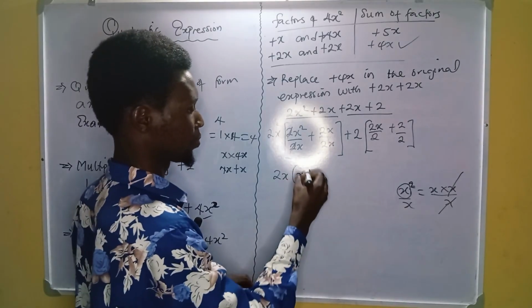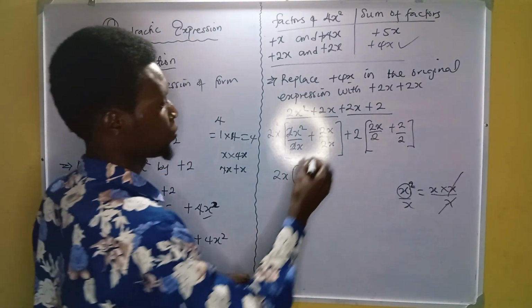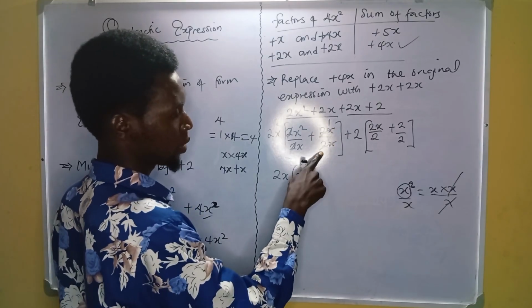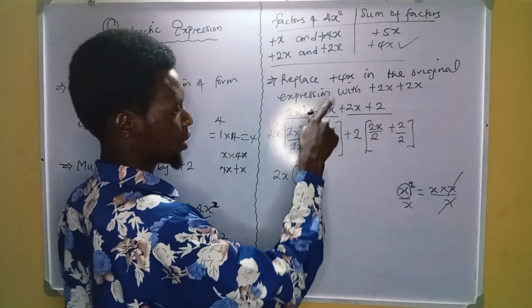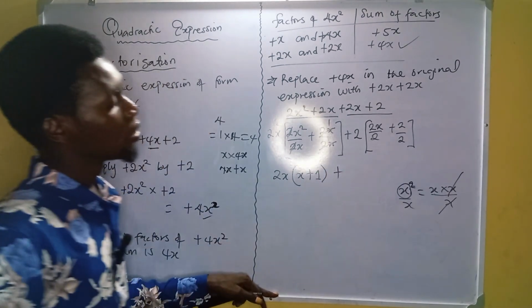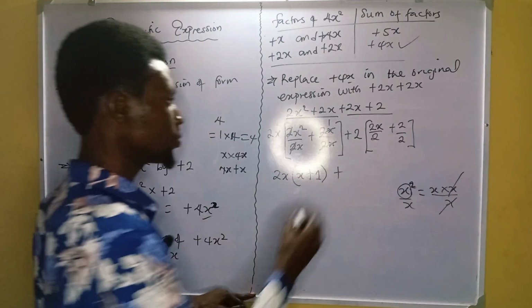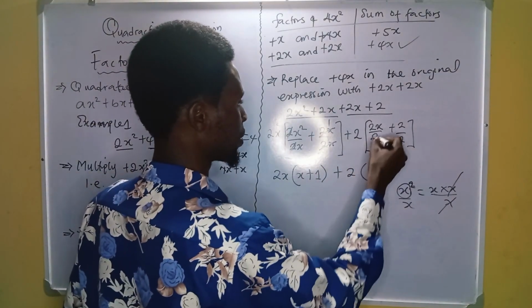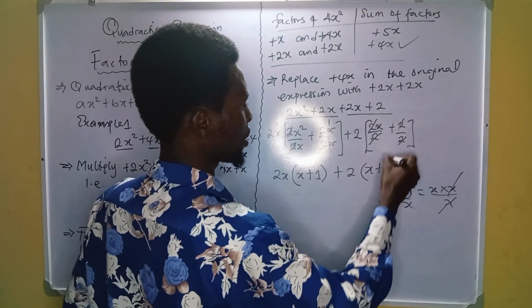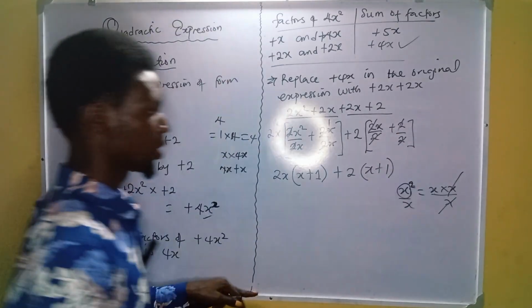So you have this, right? The same thing here, you have it cancel here. When you have the same thing canceling each other, you have 1. So the next one over here, you have x, the same things are canceling each other, so you have this.